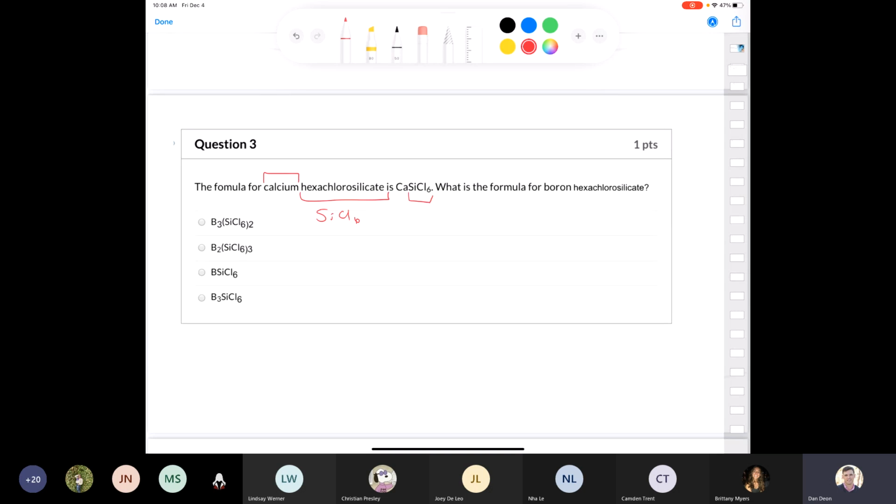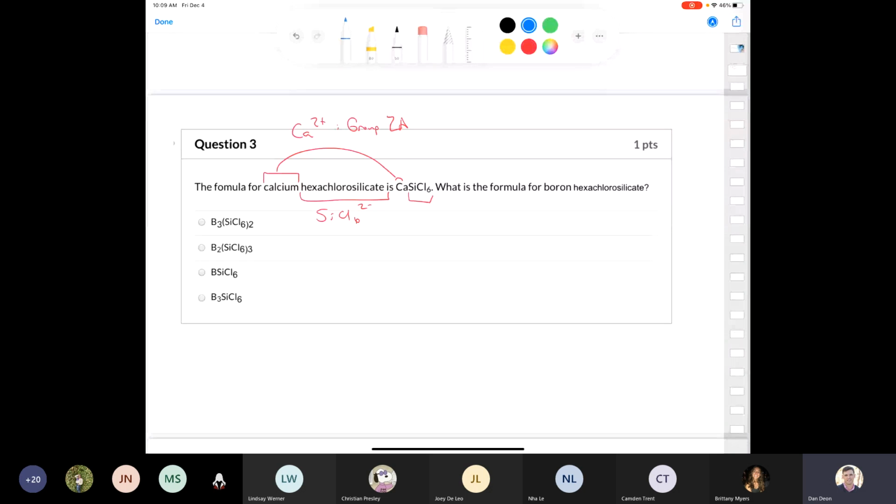Because I know that calcium is just the calcium atom by itself. Calcium has a charge of 2+ because it's in group 2A. It likes to lose 2 valence electrons to become isoelectronic with argon, the closest noble gas. And if the calcium is 2+, that means the hexachlorosilicate is 2-.